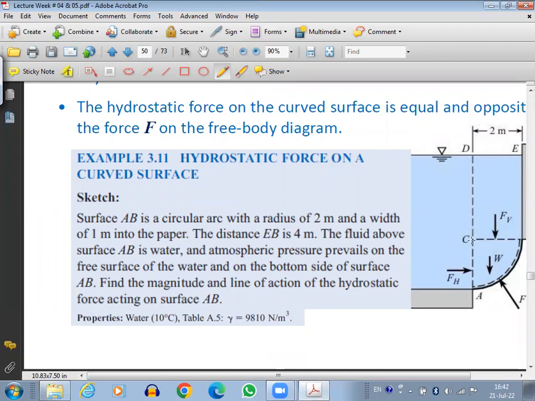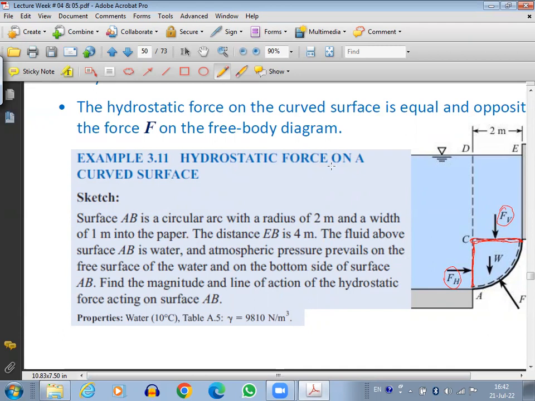We are going to make a projection here. This is the horizontal projection. Over the horizontal projection, you will have the vertical force. This is the vertical hydrostatic force. Then you will have the vertical projection here. Over the vertical projection, you will have the horizontal force. So we are going to find the hydrostatic forces, the vertical component and the horizontal component.